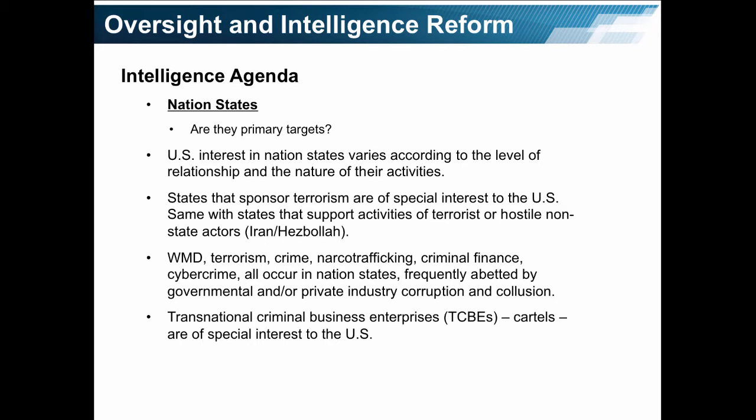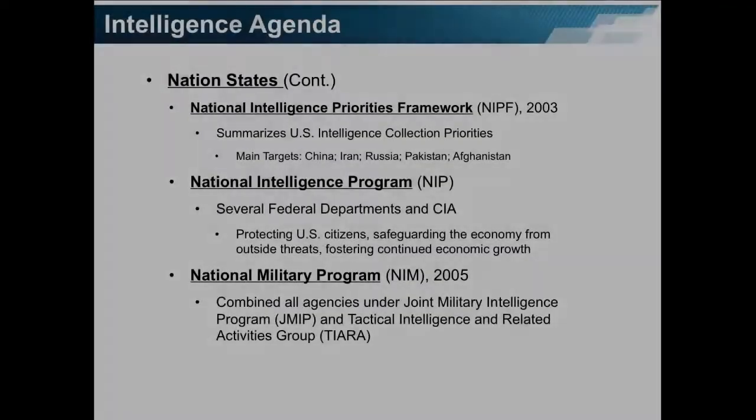These activities are frequently abetted by governmental and or private industry corruption and collusion. Transnational criminal business enterprises, also known as transnational cartels, are of special interest to the US, particularly when these organizations become the state within the state or have open support by that state.